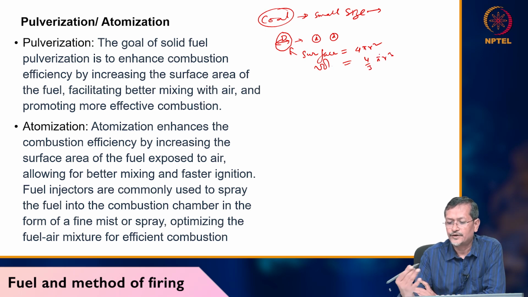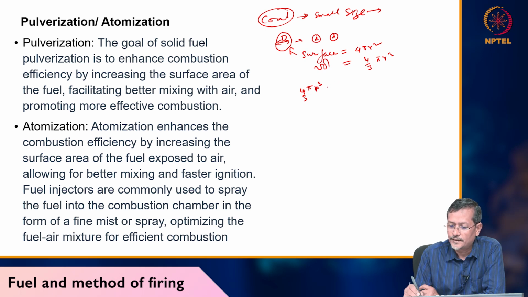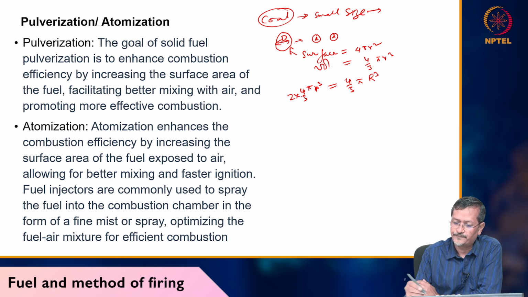If I break it into two, the diameter will change, but the total volume will be the same because the total mass is the same. So 2 times 4/3 pi small r cubed equals 4/3 pi capital R cubed.